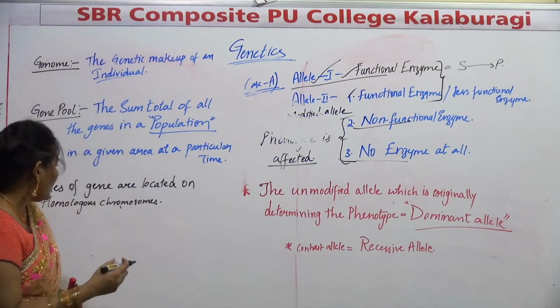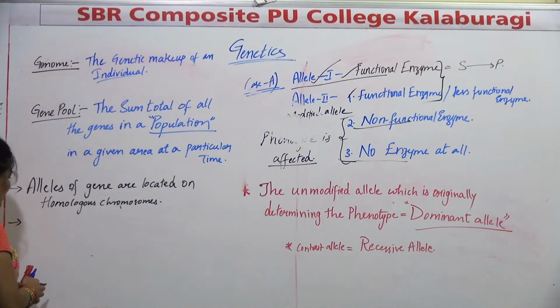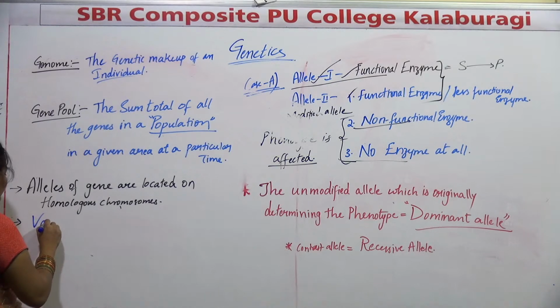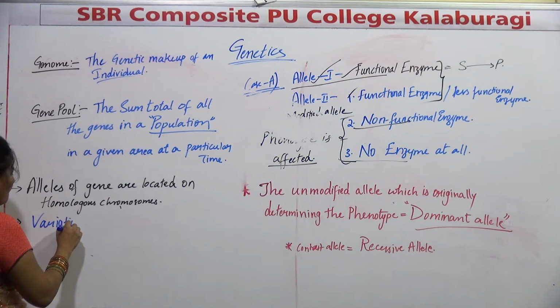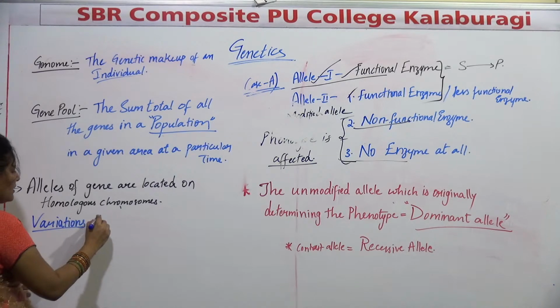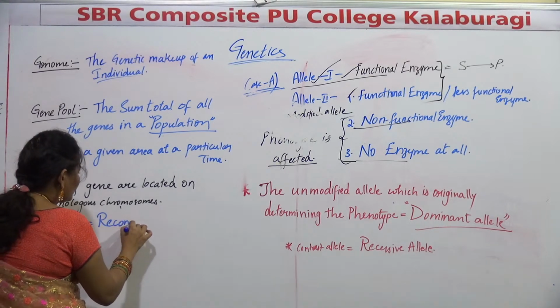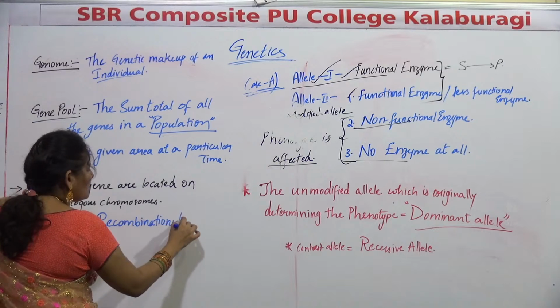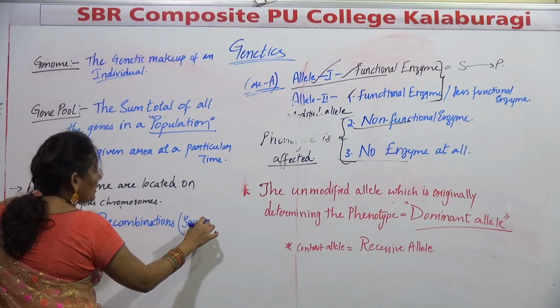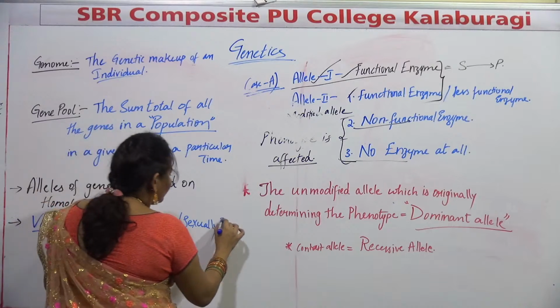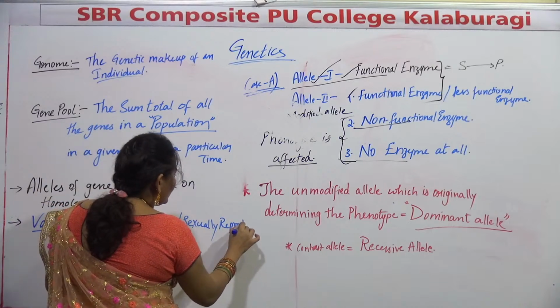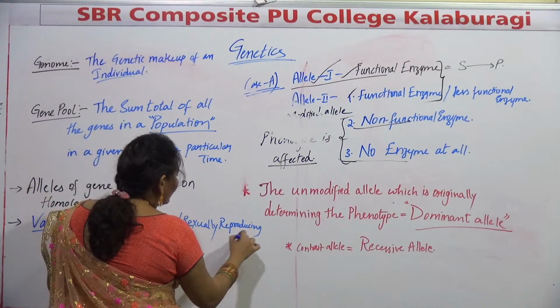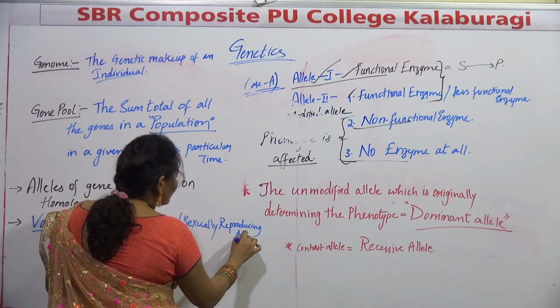And how will these variations occur? Variations are nothing but recombinations, which take place in sexually reproducing organisms.